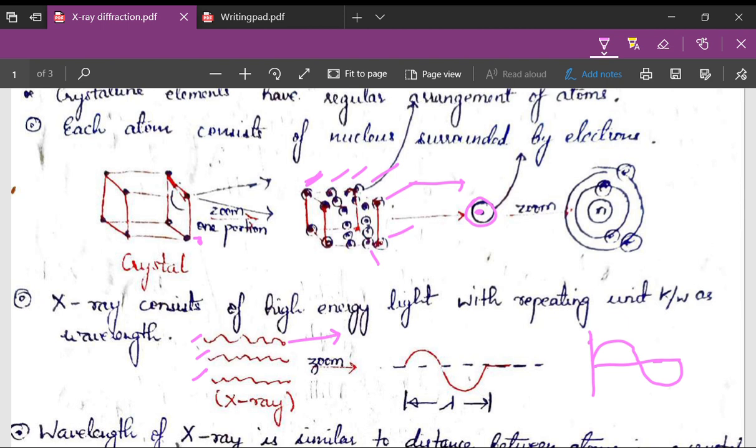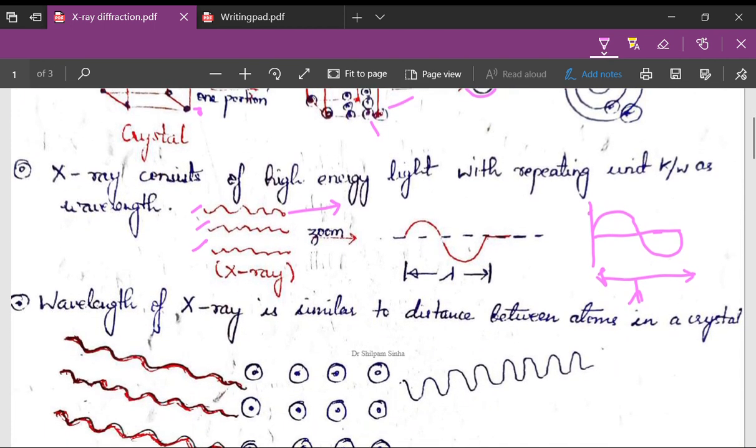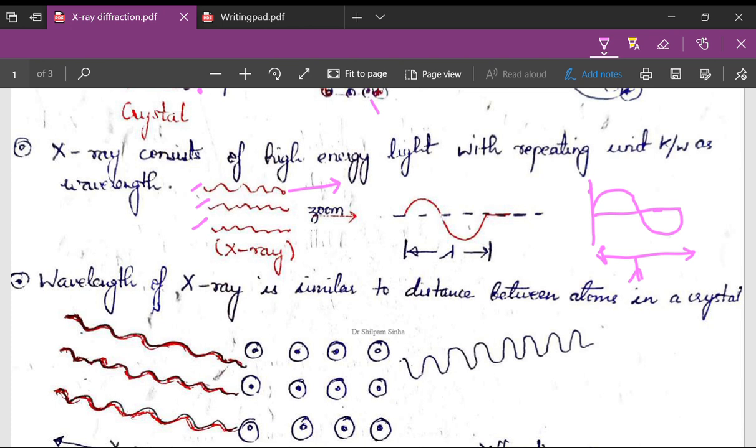So from here to here, this is a wavelength. So X-ray consists of repeating units of wavelength.